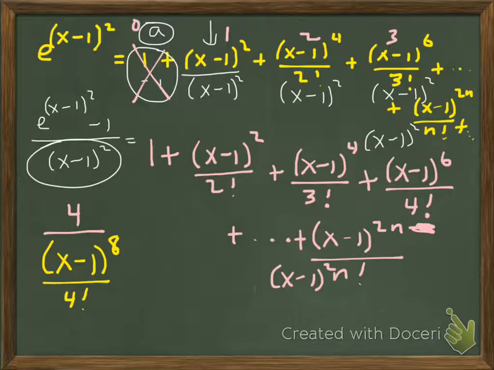So I guess there's really nothing much else we can do with that. x minus 1 to the 2n over n factorial. So what are we doing here? How do we find that nth term? How do we get x minus 1 to the 2n up there?